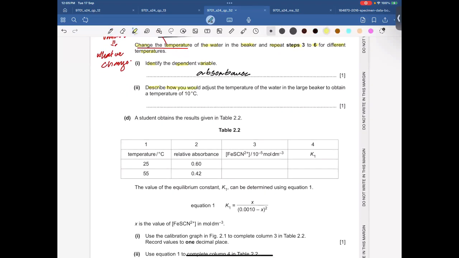Describe how you would adjust the temperature of the water in the large beaker to obtain a temperature of 10 degrees Celsius. There are two ways to maintain the temperature. The first one is quenching with ice, or the second option is a thermostatically controlled water bath can be used.